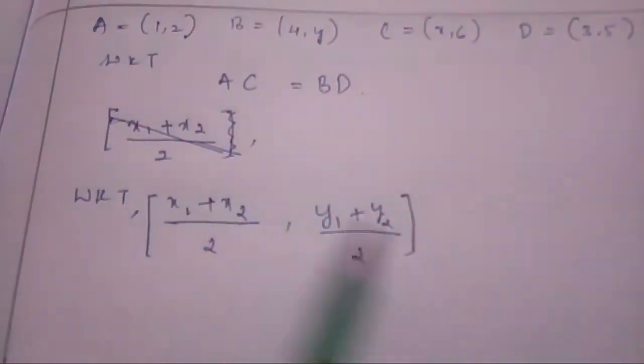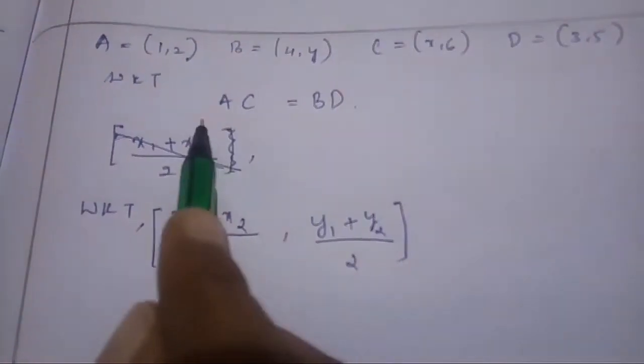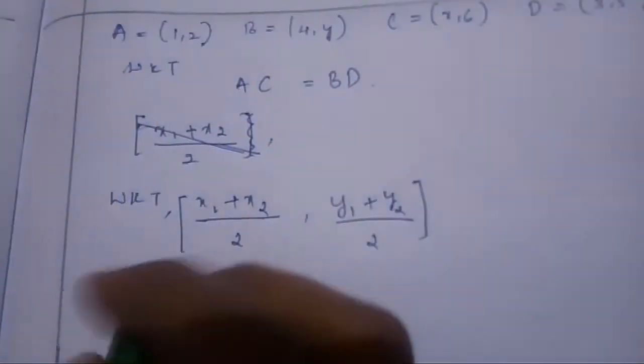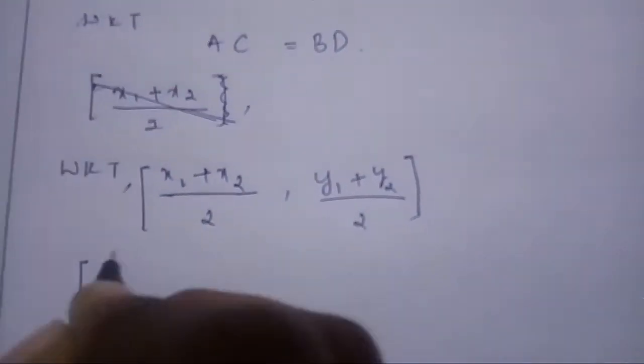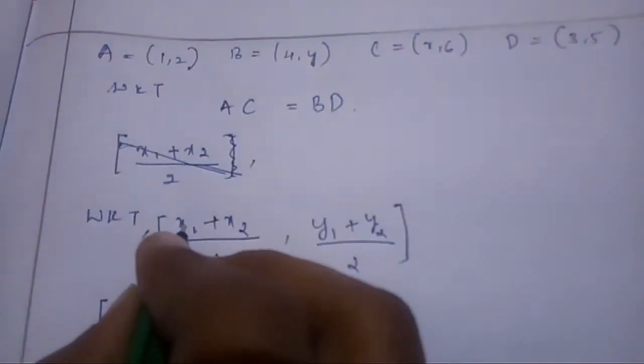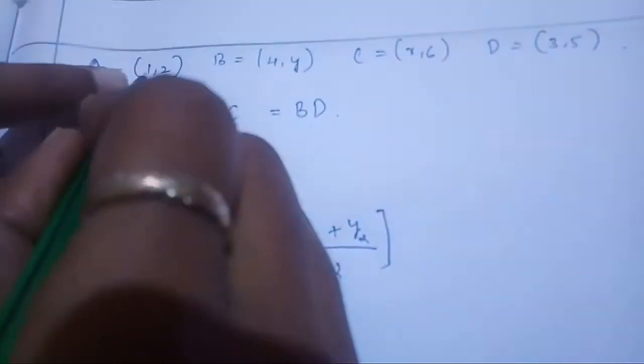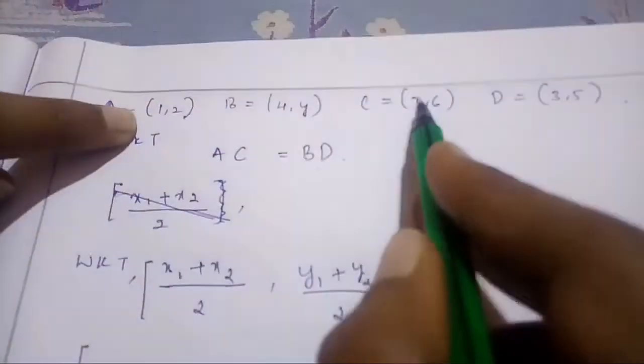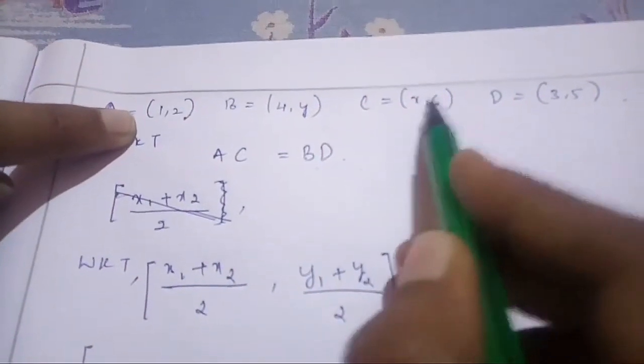We need to apply this formula for AC equal to BD. That is, for AC, (1, 2) is x1 and y1, and C is x2 and y2.